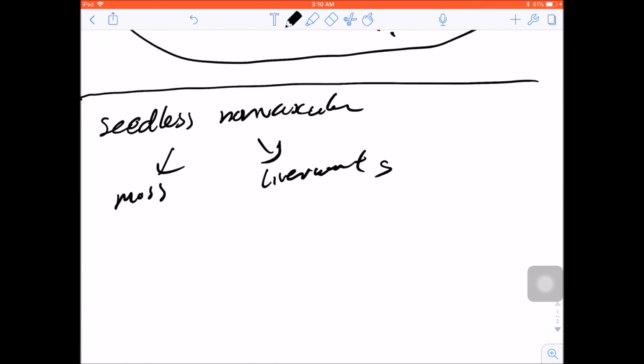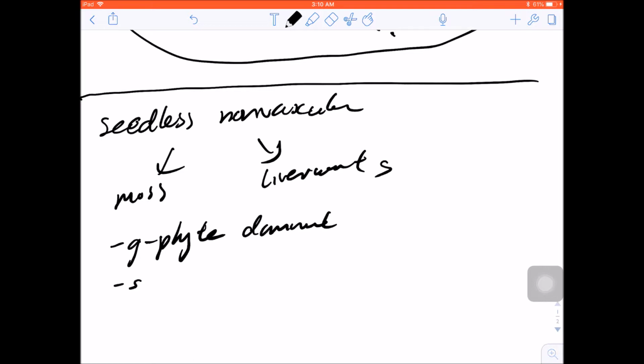Okie dokie. Just a couple of unifying features that these guys all have. Number one, the gametophyte is the dominant plant. Remember, it's really important to know which of the two, the gametophyte or the sporophyte, dominates in the life cycles of these different plants. Here it's the gametophyte. In every other plant we'll look at in the future, so all the vascularized plants, they're all sporophyte dominant.